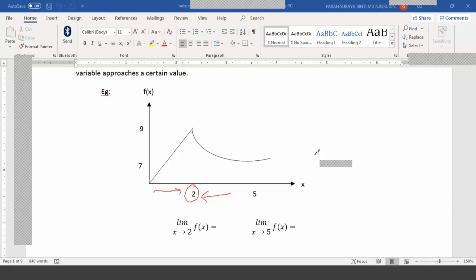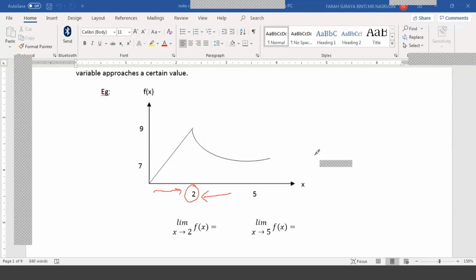Okay, faham tak? Sebab 2 ni dalam x-axis. So, dia boleh datang menghampiri 2 dari sebelah kanan ataupun dari sebelah kiri je. Atas bawah tak boleh lah. Sebab dia exist kan horizontal line.